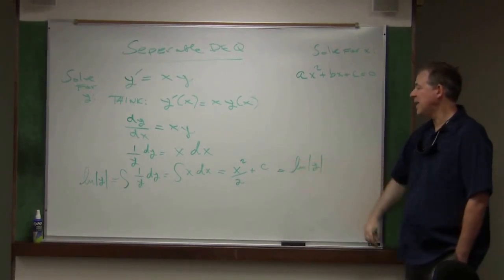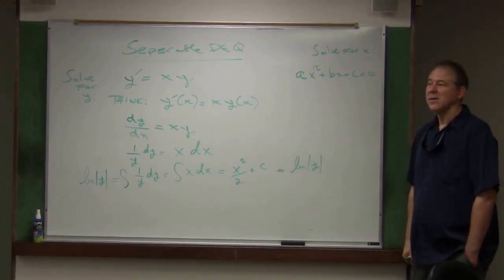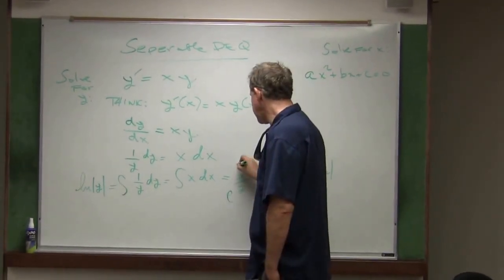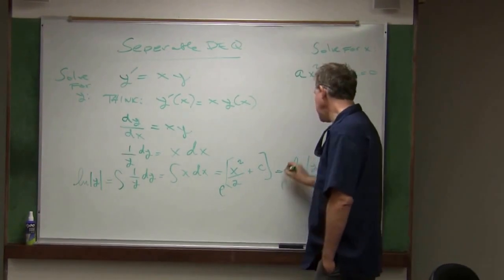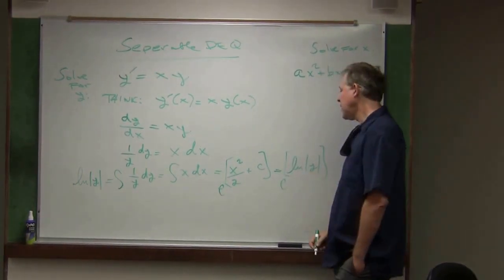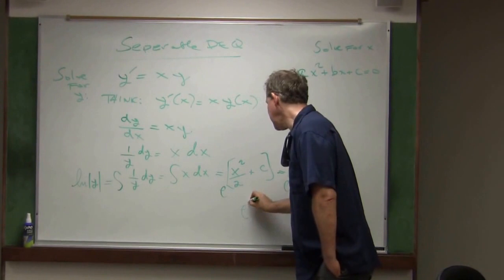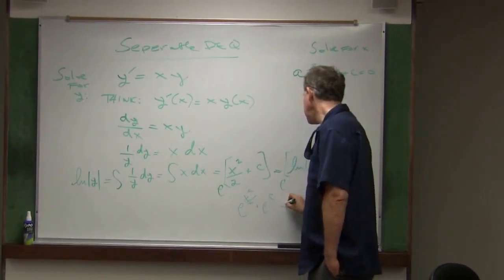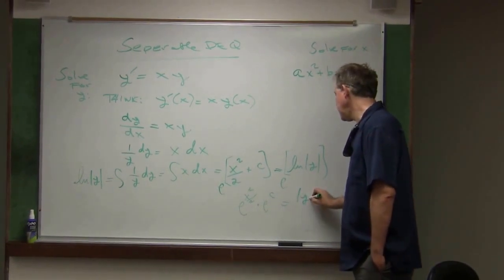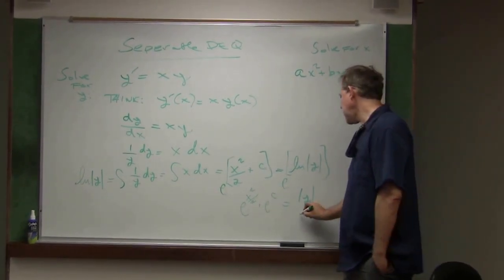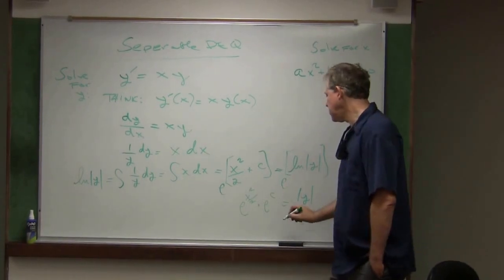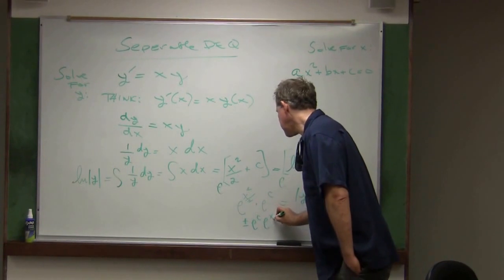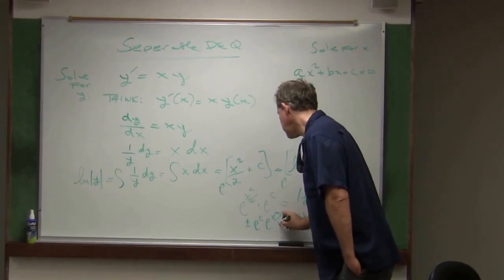How do I get rid of the ln? Right, I use the inverse function. So in other words, I take e raised to this, e raised to this. So e to the x squared over 2 times e to the c is equal to absolute value of y. And now I can say that y is equal to plus or minus e to the c, e to the x squared over 2.